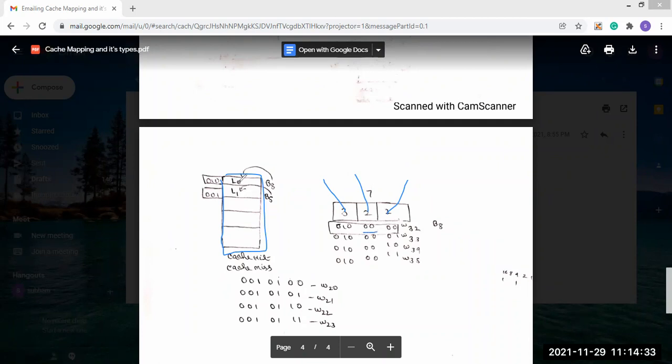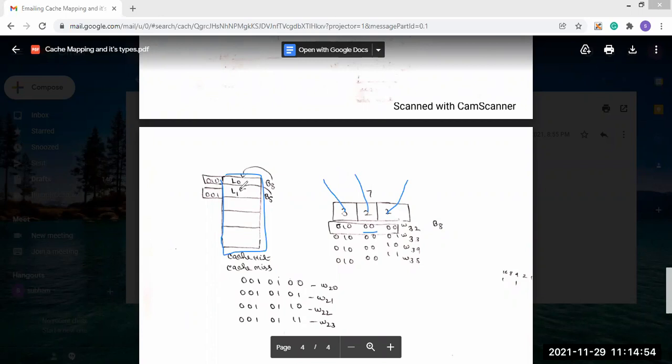At a particular moment, how many blocks should be present in the line? Only one block should be present in the line at that moment. And a particular block has 4 words, so in a particular time in the line, 4 words can be present.